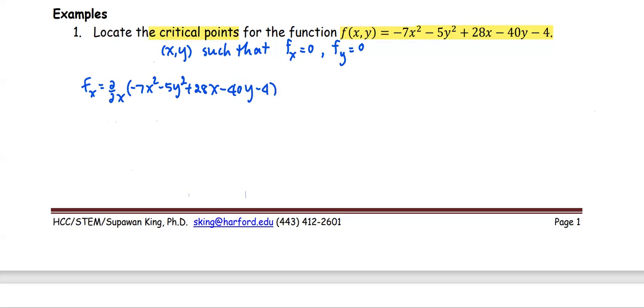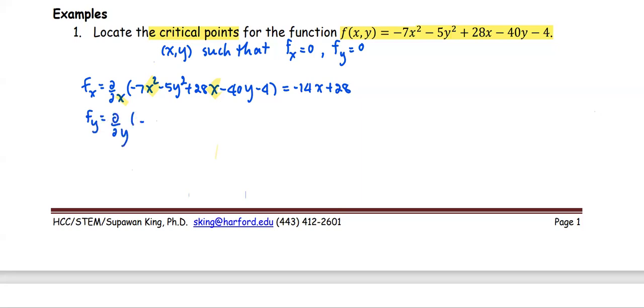Recall, when we find a partial derivative with respect to x, x is treated as the variable and the rest is treated as a constant term. So for the partial derivative of f with respect to x, we get negative 14 times x plus 28. The partial with respect to y is similar.